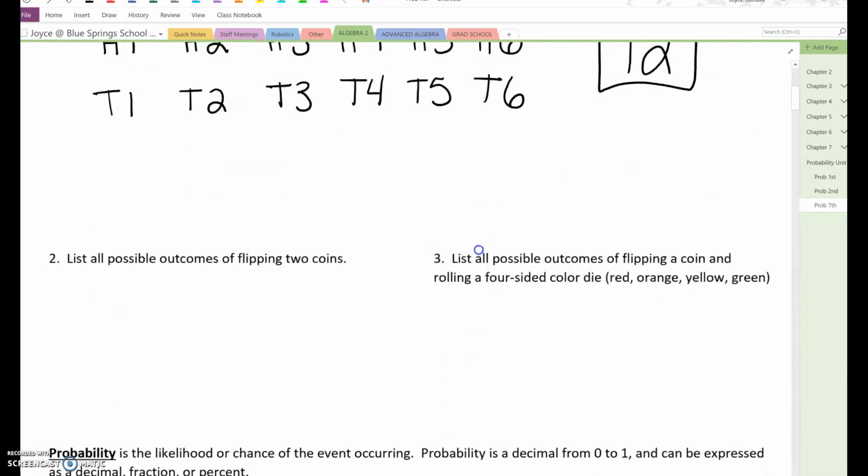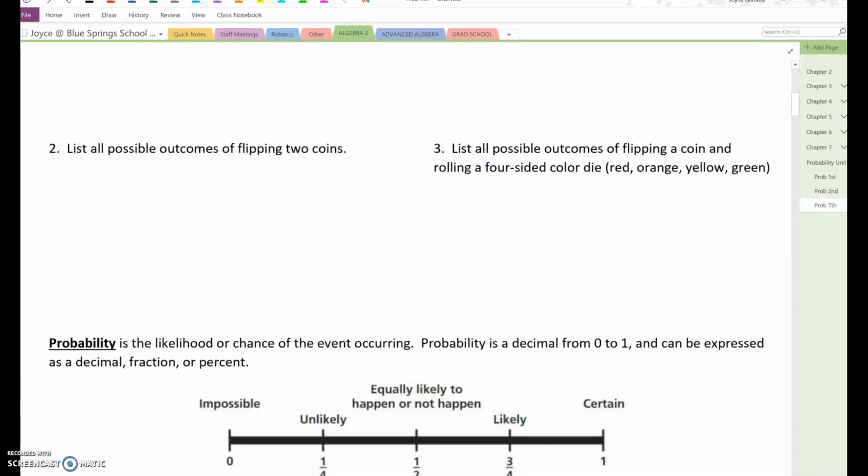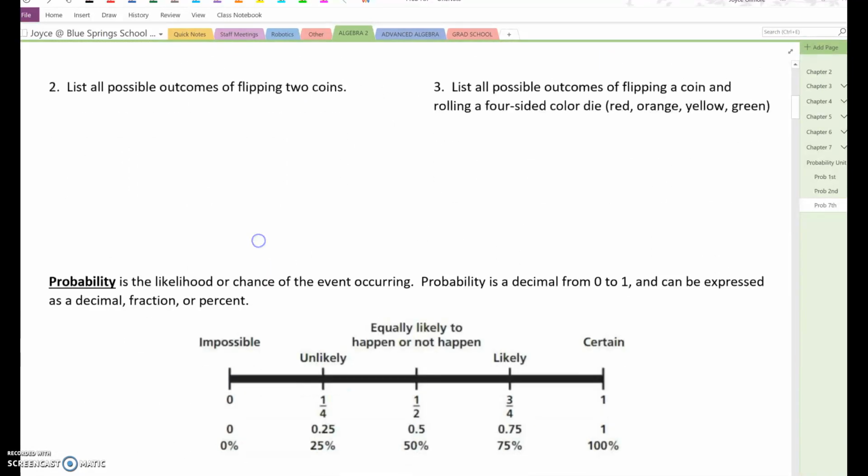So now let's use that to figure out how many possible outcomes there are of flipping 2 coins. You got your first coin, which has 2 possible outcomes. And your second coin, how many possible outcomes does your second coin have? 2. Yeah, don't think about that too hard.